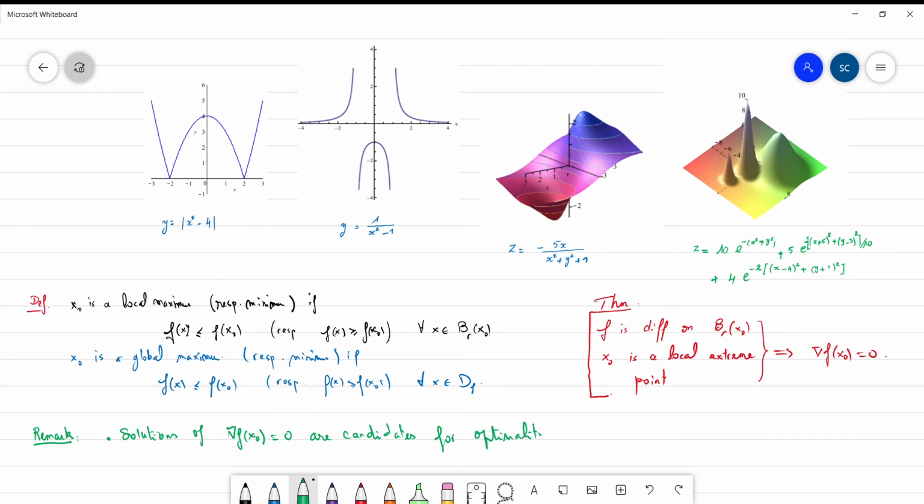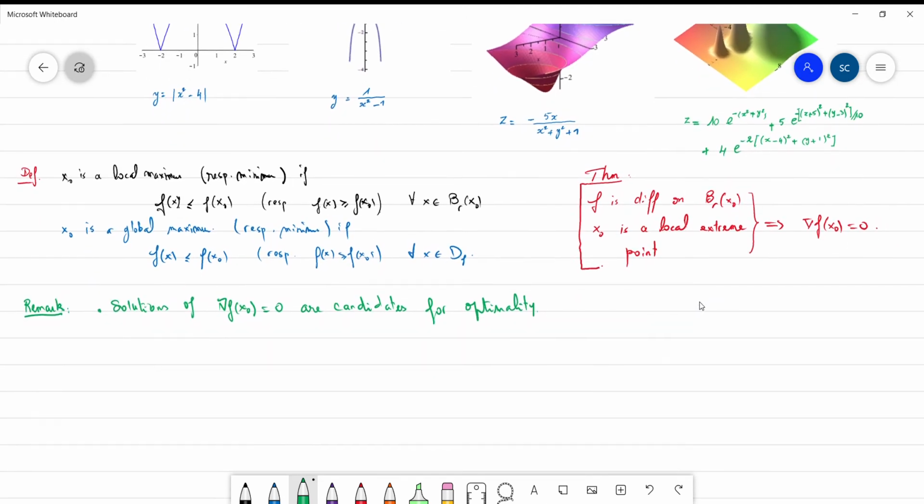It's not necessarily so, and the classical example, if you remember, we can see with a real function of one variable: f(x) equals x^3. Remember, f'(x) equals 3x^2, so f'(0) equals 0. Still, 0 is not a local extreme point.